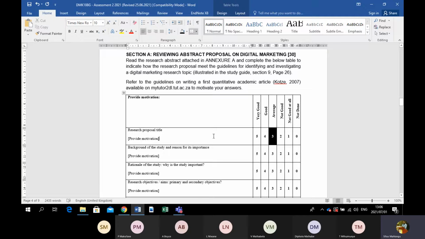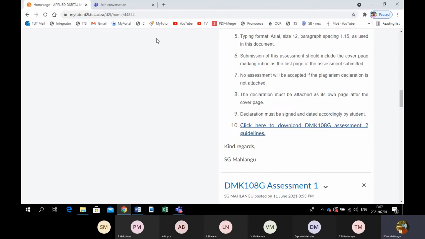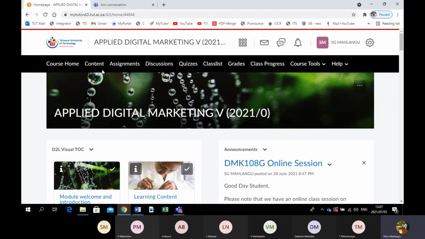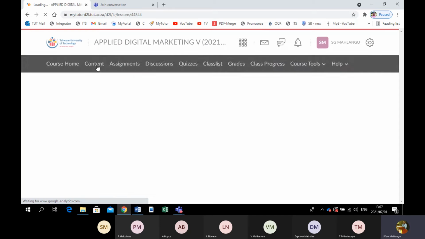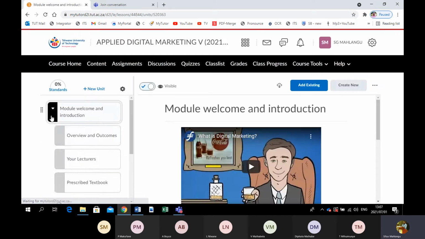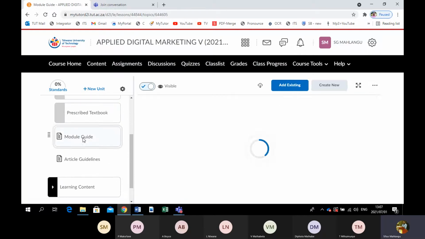But before you come to the rating, there are certain aspects that you need to look into regarding the proposal title. So if you read the guidelines, once again, it says, as illustrated in the study guide, page 26. So let's quickly go there. If you go to the content once again, our study guide should be under here, module guide.